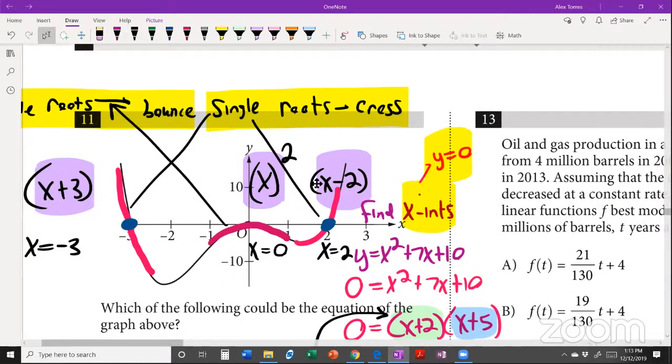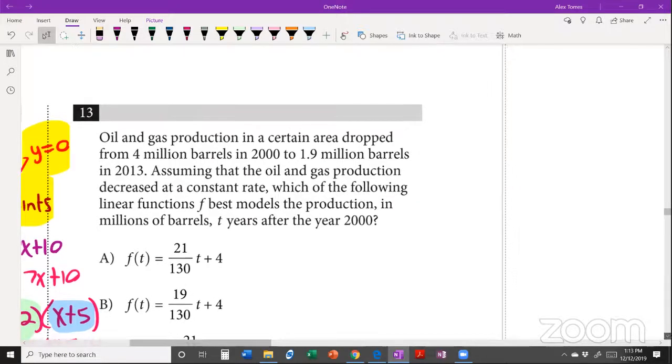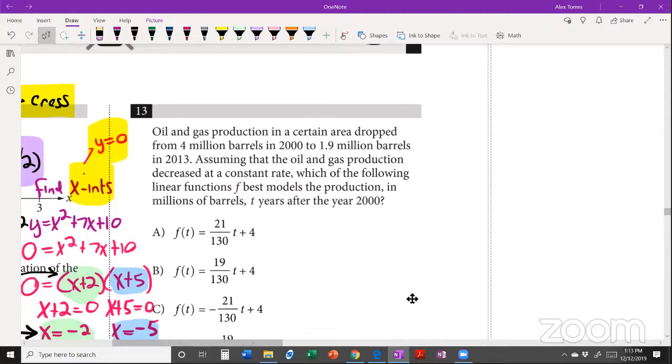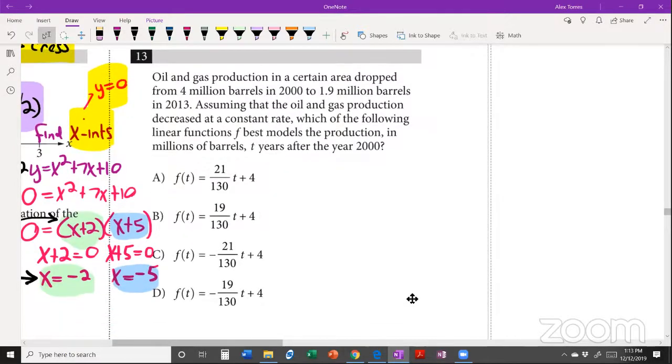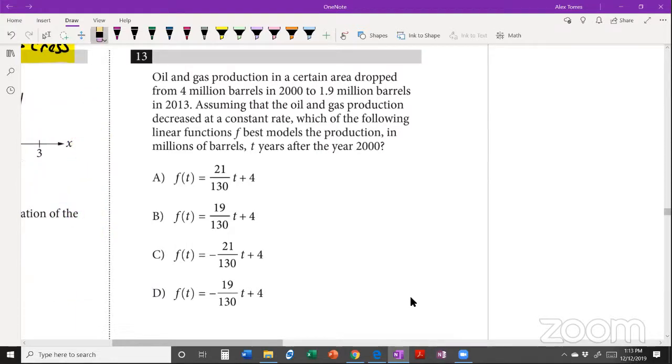Now we have number 13. Okay, 13 introduces us to some of those little subtleties that really kind of mess us up on the SAT. We're talking about our x value, which in this case is t.